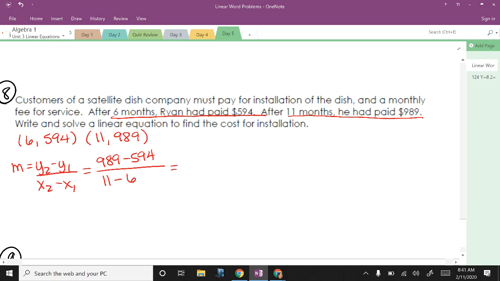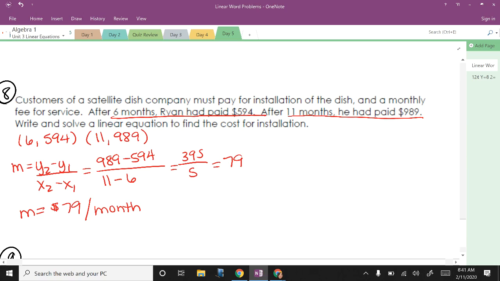What is 989 minus 594? 395 divided by what? 5. So that's nice. It'll come out evenly. What's 395 divided by 5? 79. So that is the slope. Which, what does that mean? A monthly fee, right? So that would be $79 per month. Does that make sense? That's $79 per month, because that would be a slope.